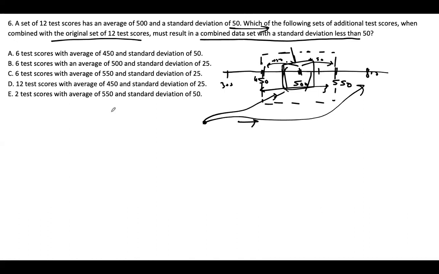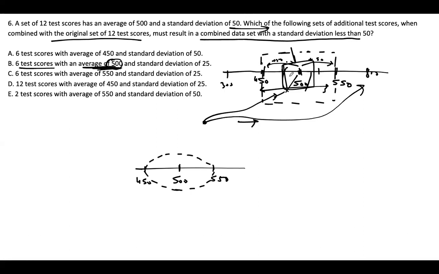B. Yeah, average is 500 and standard deviation is 25. So essentially, if all of our original data is here between 550 and 450, option B has 6 test scores with an average of 500. So the average is also 500 for these test scores.